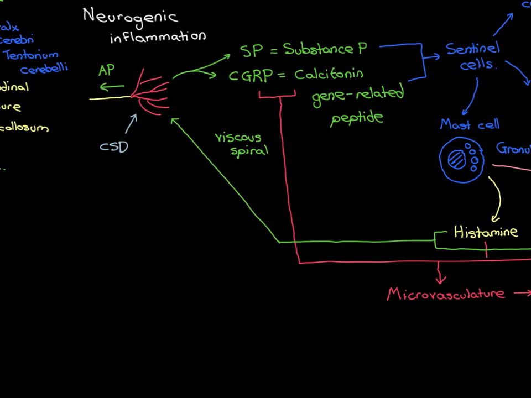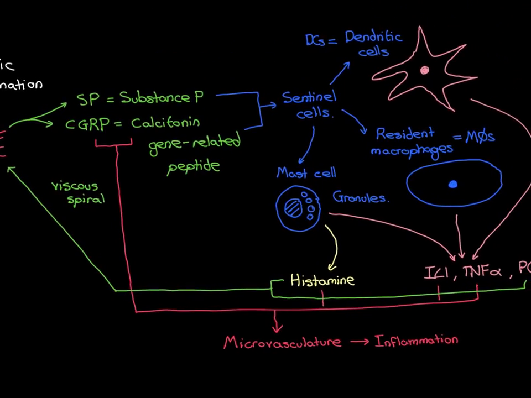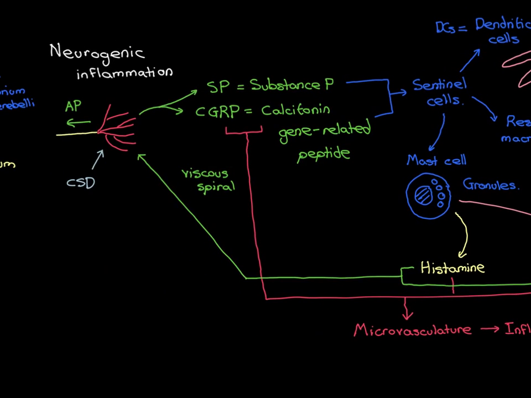Okay, so let me summarize what we have learnt here, and then we'll see the big picture of how this unilateral migraine headache is going to last for so much longer than the cortical spreading depression. So the cortical spreading depression initially happens, potentially causing an aura, as we've discussed.